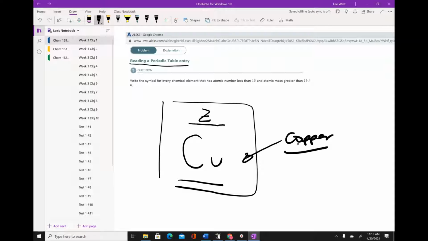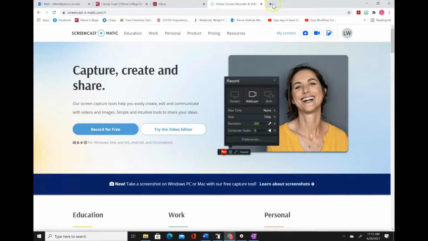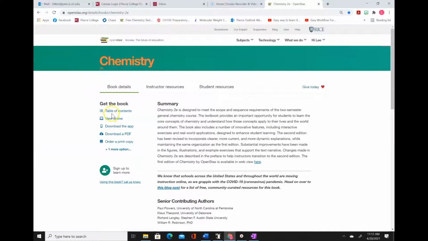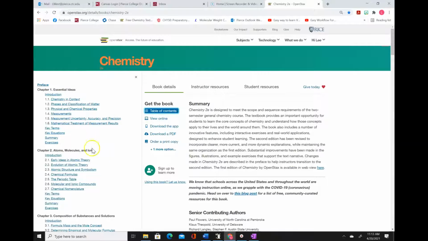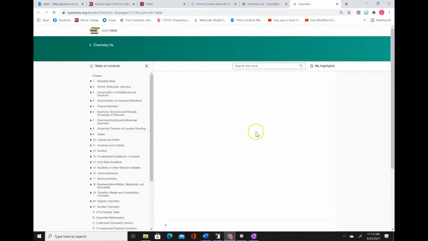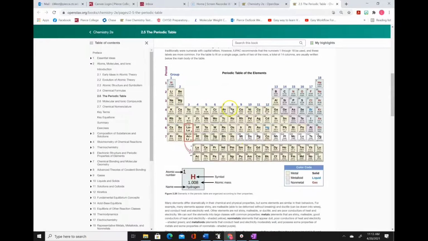So it really depends on the periodic table that you use. So I have a preferred periodic table, and you'll probably find, if you look around on the internet, your own preferred periodic table, but this is the one that I like. And yeah, so here we go, this one here.